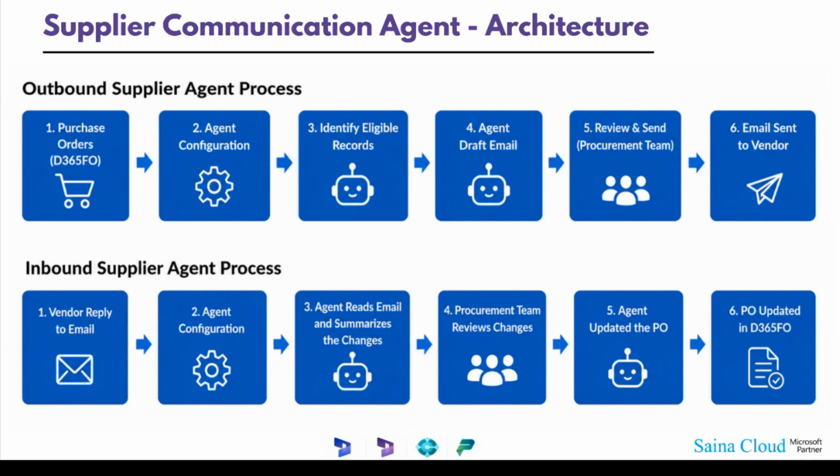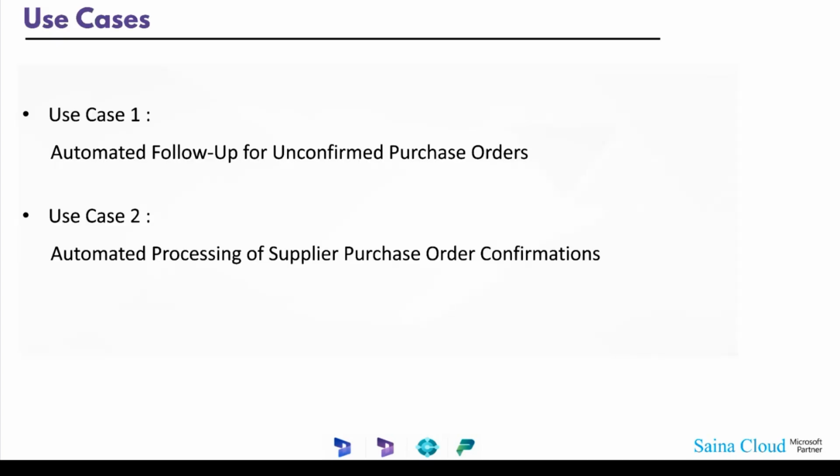Let's go to the demo of some of the use cases of inbound and outbound. In this webinar, we have picked two use cases to show the complete cycle of how both processes take place through the agent. We have picked the scenario where the agent follows up on unconfirmed purchase orders.